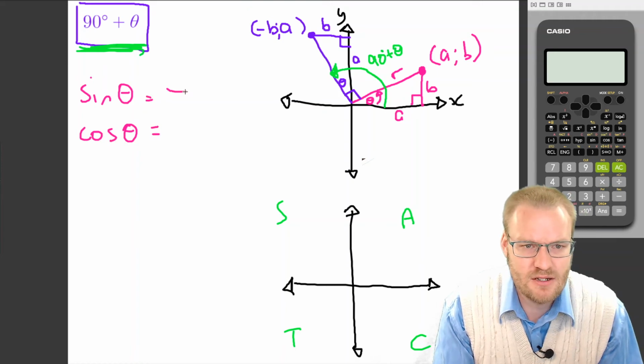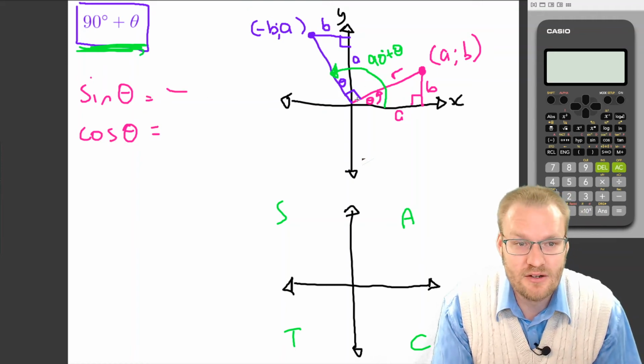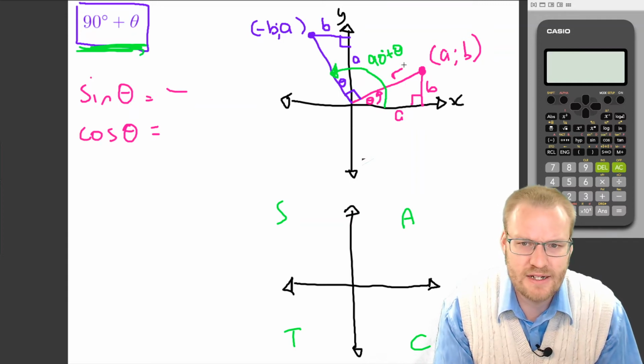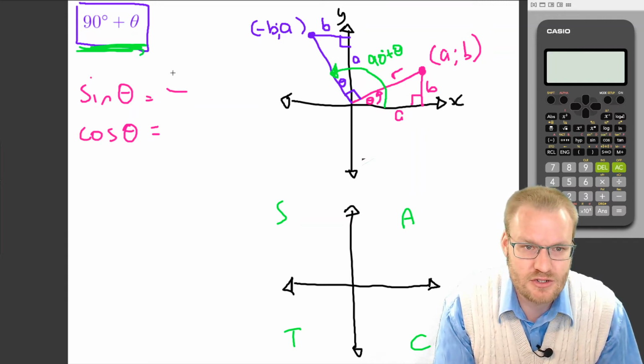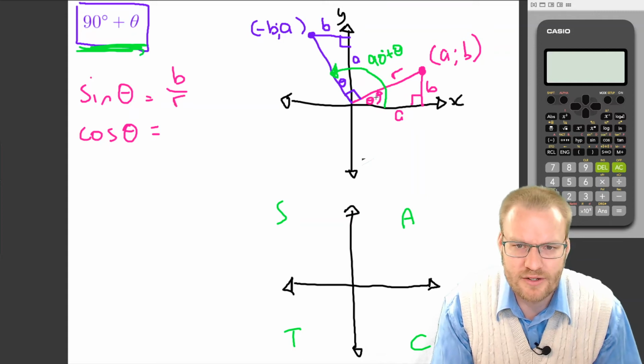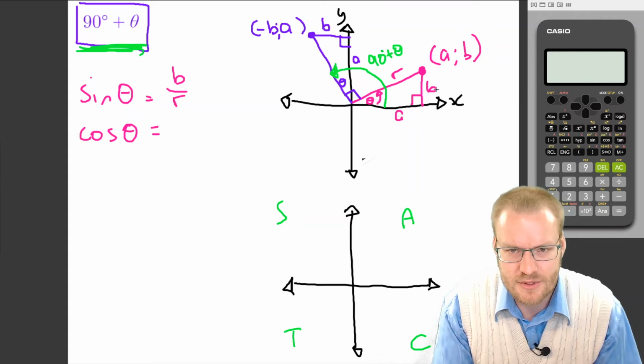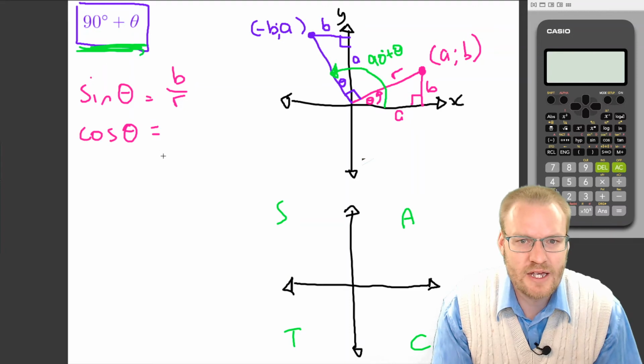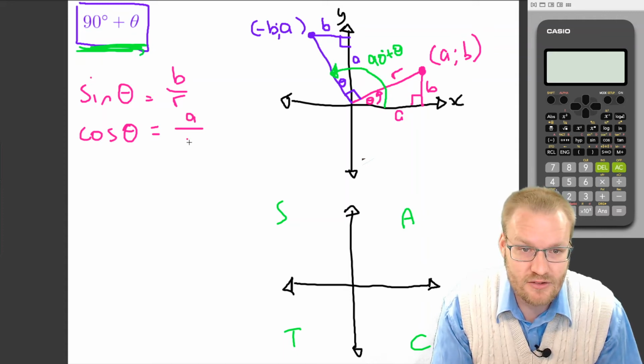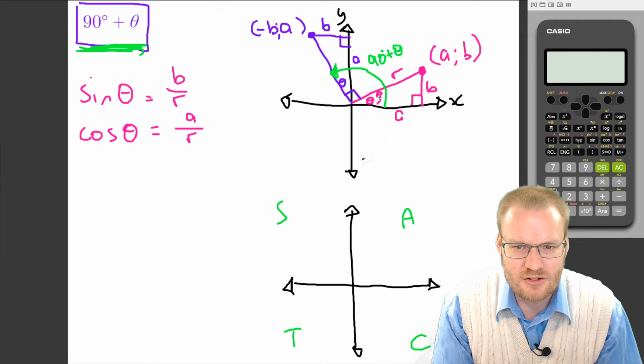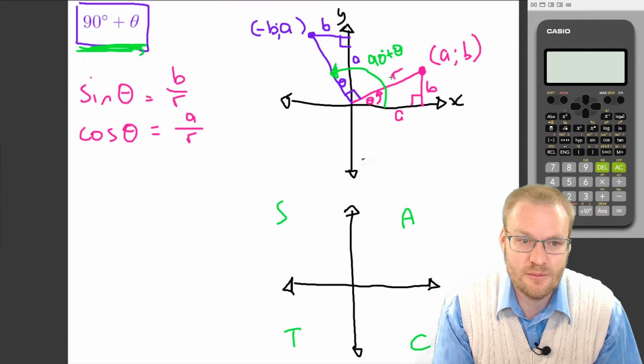Okay, so in this original triangle, let's look at what sine theta and cos theta are. What is sine theta for this triangle? Well, sine is y over r, so it's just b over r, or if you looked at the triangle, opposite over hypotenuse. Okay, for cos theta, well, cos is x over r, so it's a over r, or adjacent over hypotenuse.